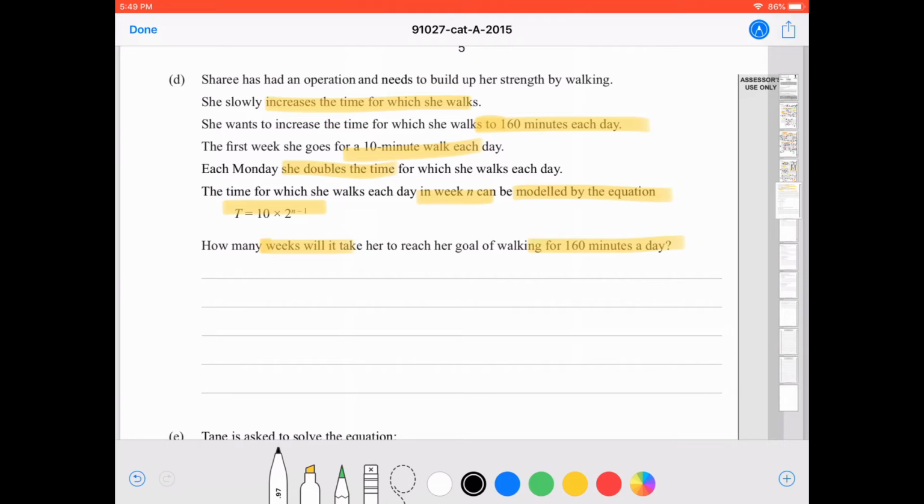So let's just define some variables first of all. We've got t, and at first I thought that equals number of weeks, but that actually equals time in minutes here. Now n, we can also call that time, but here it's in weeks.